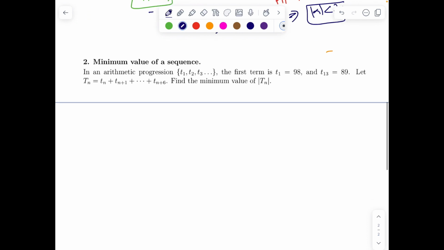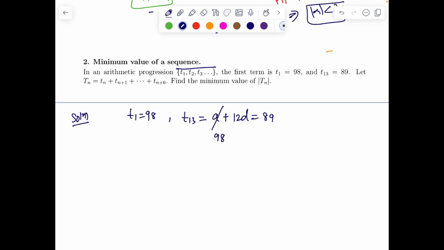Let's try another problem, and this is from arithmetic progression. Now this is not a difficult one because this kind of problem often comes in JEE as well. So from here we can clearly see the 98 and we have T13, which is let's say A plus 12D, that's equals 89, and A is already 98.